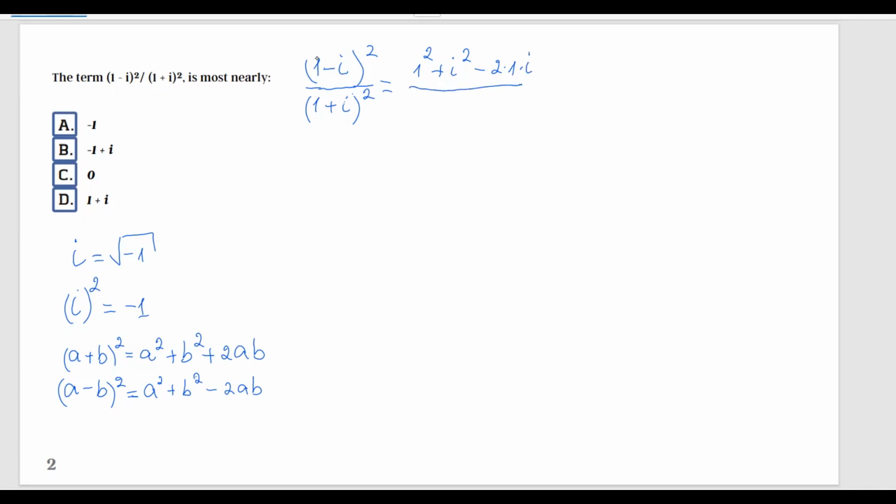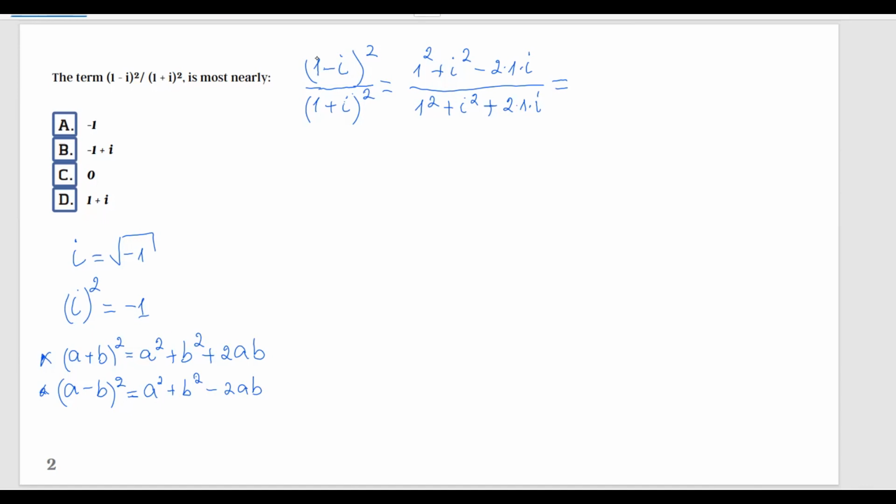Now below, we have 1 squared plus i squared, the second member, and then we keep plus the double of the product of these two components, so 2 multiplied by 1 multiplied by i. There you go. We just used these two formulas.